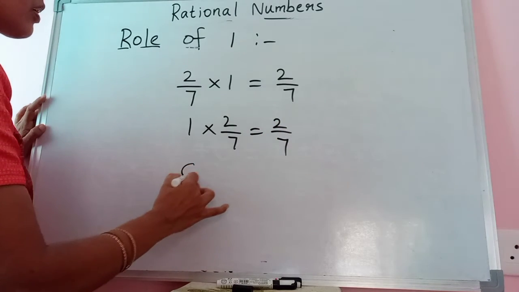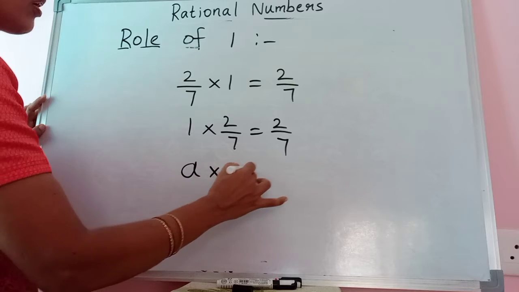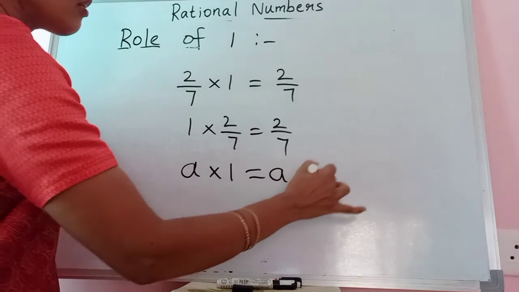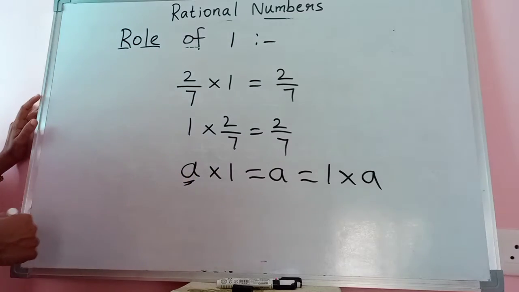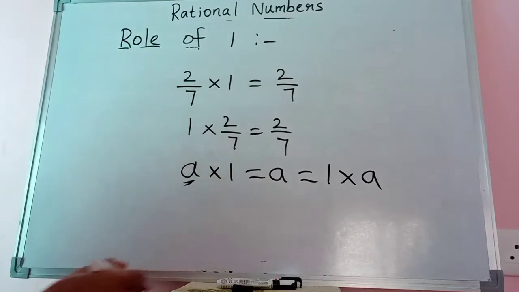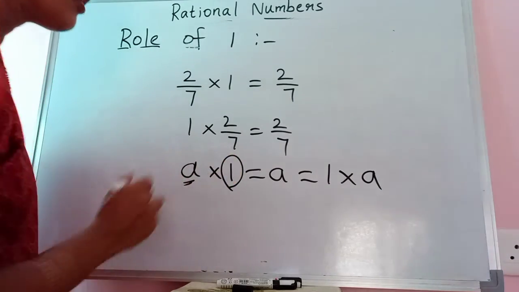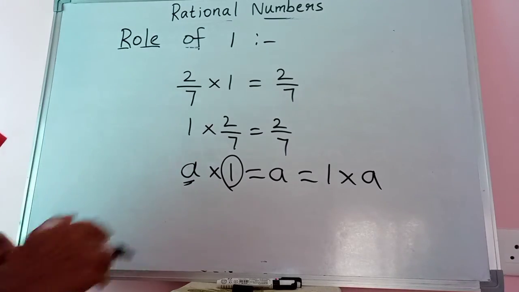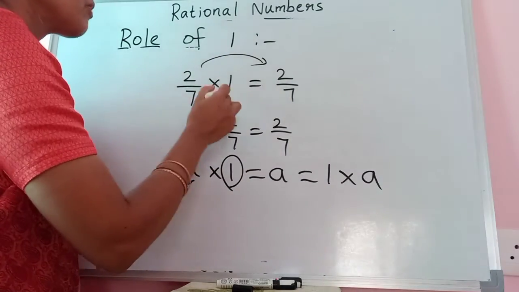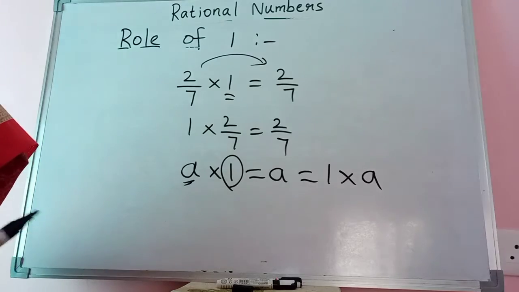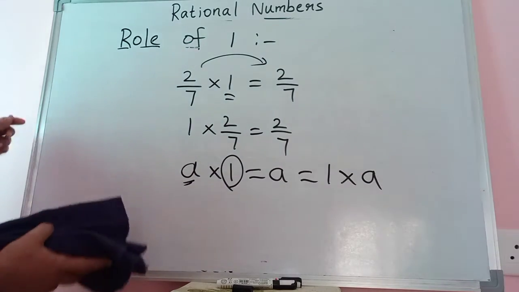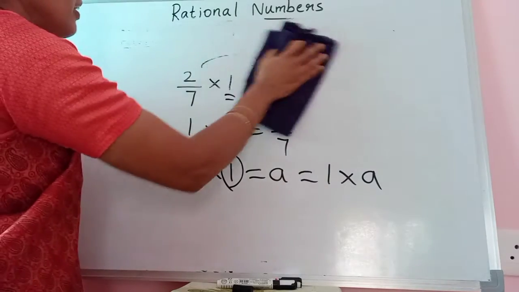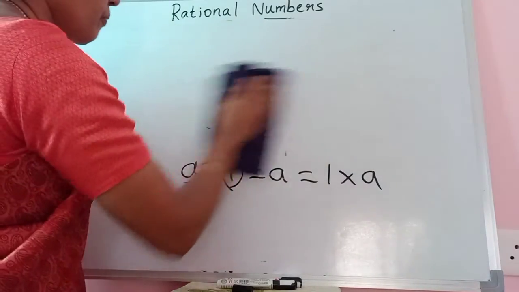In general, a into 1 is equal to a, which is also equal to 1 into a, where a is any rational number. It is true for all. Here 1 is known as the multiplicative identity for rational numbers. Identity means we get the same number by multiplying. Multiplicative identity is 1 and additive identity is 0.